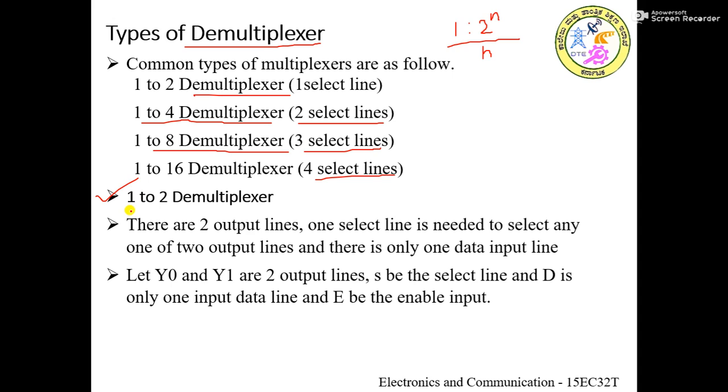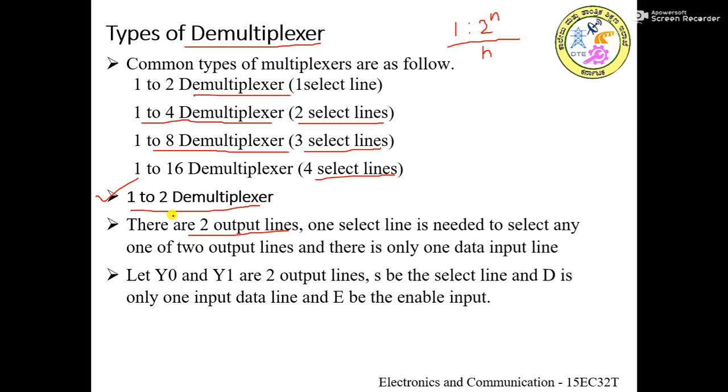As the logic system is represented with 1 is to 2, it means that it will have one input data line and 2 output lines, and there is only one selection line which is going to select one of the 2 output lines. The same thing is written here.